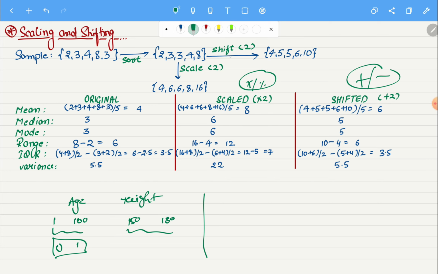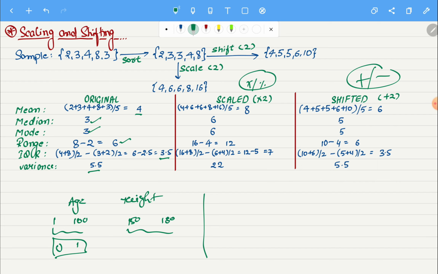After that I shifted it by 2, adding 2 to these values, and I scaled it by multiplying by 2. In our original data I have calculated the mean, which is 4, median is 3, mode is 3, range is 6, interquartile range is 3.5, and variance is 5.5.